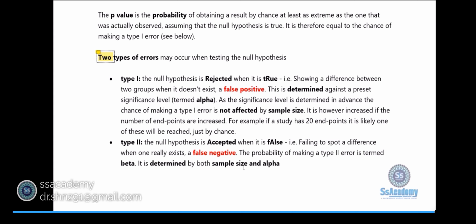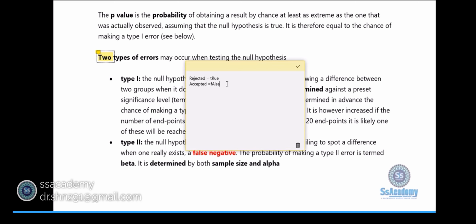These are the important points, so make a box, my dear. Once again, type 1 is rejected when true, type 2 is accepted when false, false positive, false negative, and determined against a precise significance level. This is alpha, this is beta, and this is not affected by sample size, but this is affected by sample size and alpha.